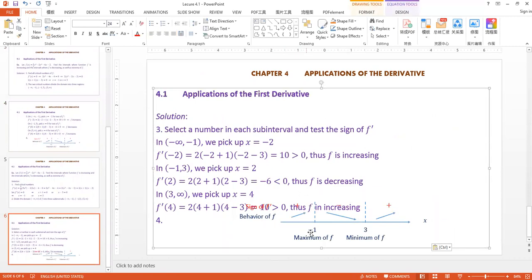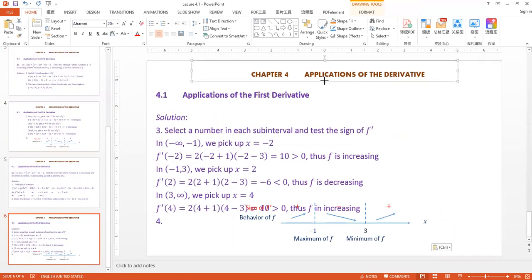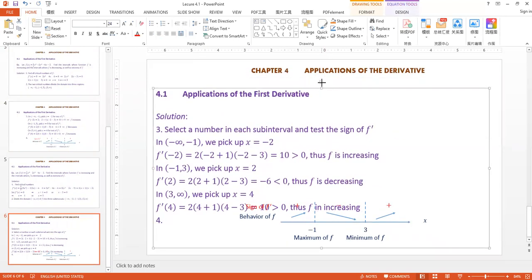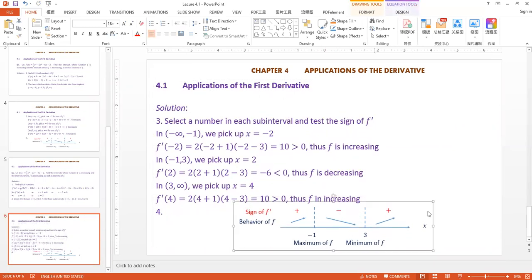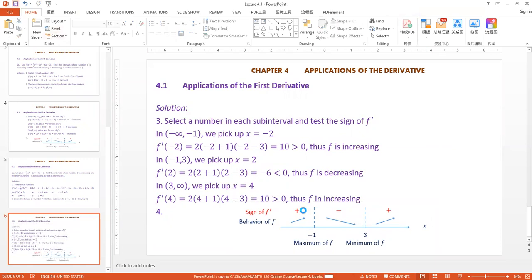Looks like we have to move the cursor a little upper. We need a little more space. Okay, so this is the diagram. This is the number line of x, and we mark the 2 critical numbers -1 and 3 on the number line in the domain. These 2 critical numbers divide the whole domain into 3 regions, so subintervals 1, 2, 3.